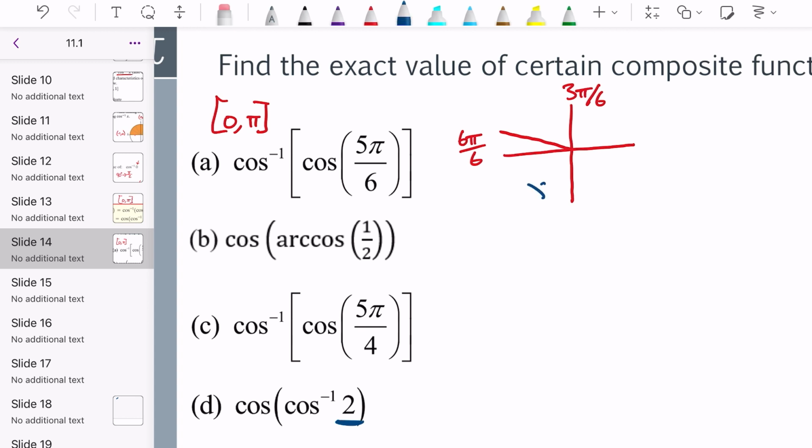Remember, for cosine, we are not supposed to be in quadrants 3 or 4. We are supposed to be in quadrants 1 and 2. In this case, we do fall within our range, which means our final answer would be 5 pi over 6.